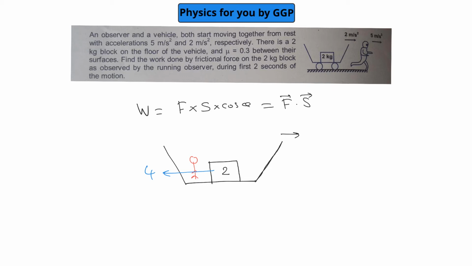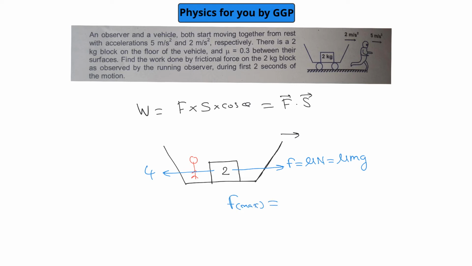As the block is trying to move towards left with respect to the car, the frictional force will act towards right, and we can find the frictional force using mu into normal reaction, which is equal to mu into mg, which will give the maximum possible value of frictional force.